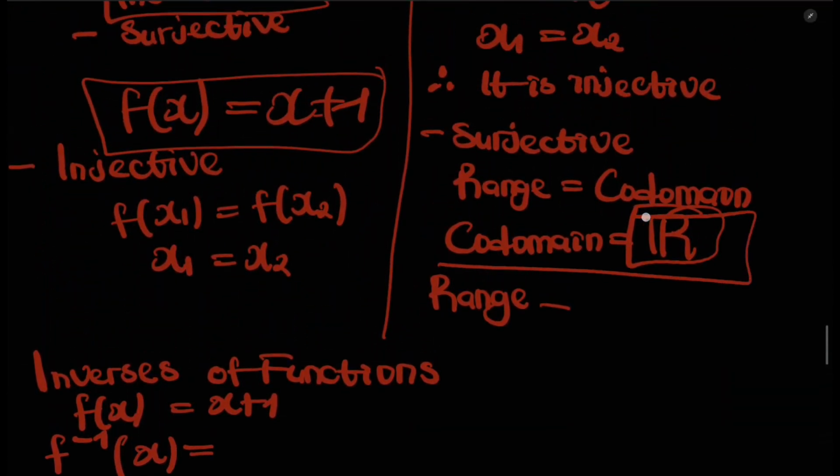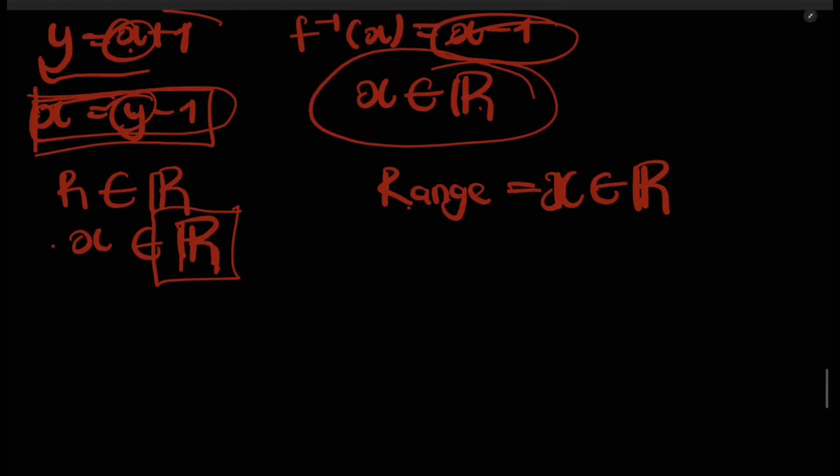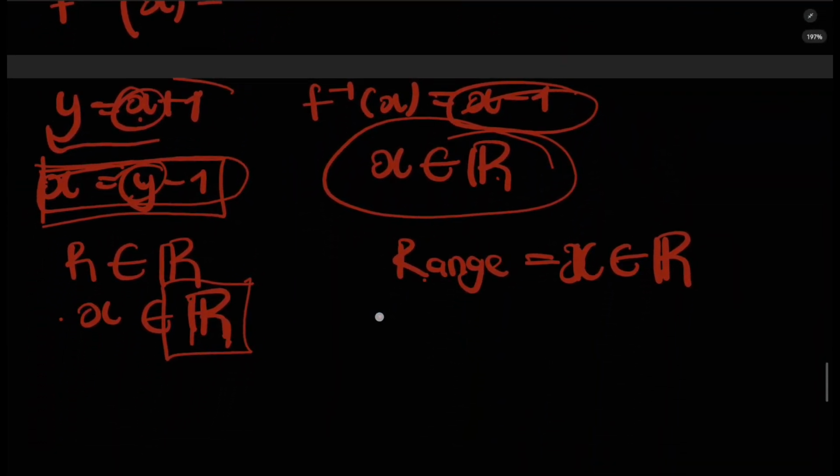From here we said our codomain is a set of real numbers, and so since the range is also a set of real numbers, then we can say it is surjective.